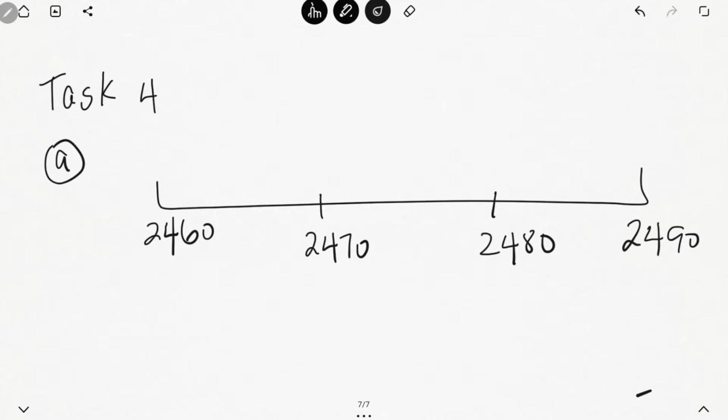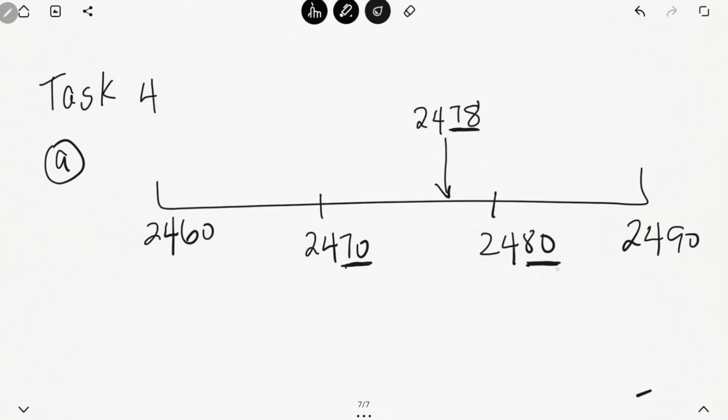The first question in 4A, they're asking us if we had the number 2478, how do we round that to the nearest 10? I want you to pause the video now, take a second, do it, and then come back in. If you look at the tens value, the last two digits are 78. Your nearest tens would be 70 and 80.